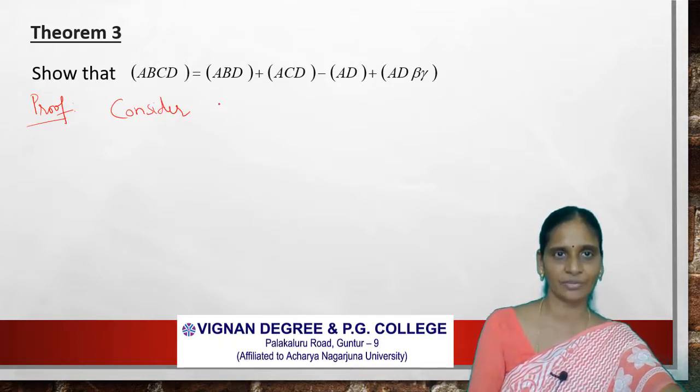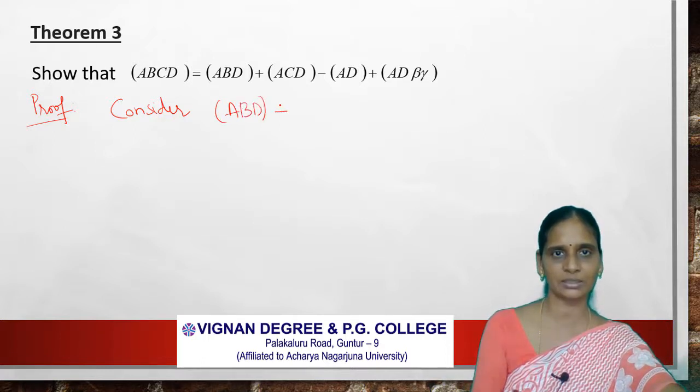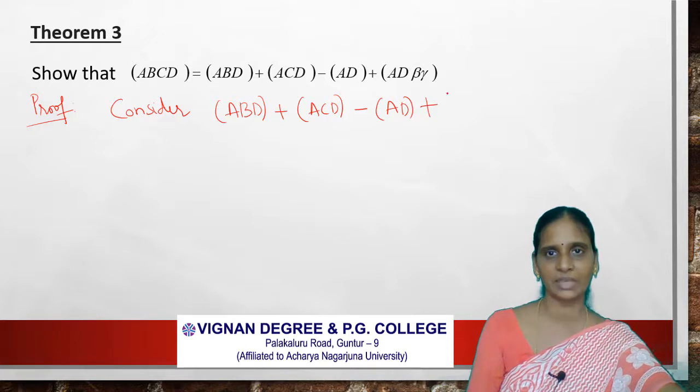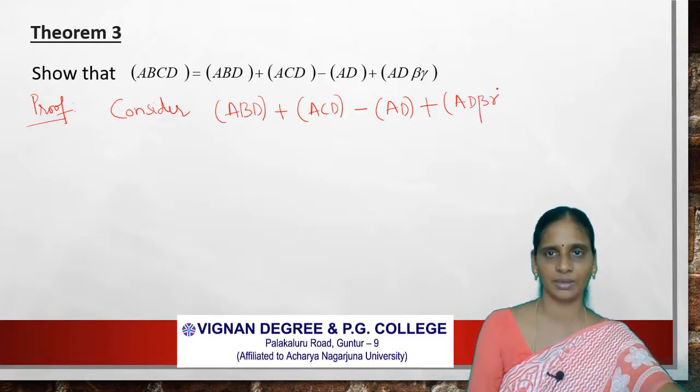That is frequency of ABD plus frequency of ACD minus frequency of AD plus frequency of AD beta gamma.